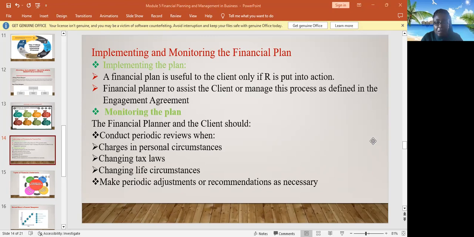Financial planners assist the client or manage this process as defined in the engagement arrangement. That is all. How to mentor them, you help them. Then now monitoring the plan. The financial planner and the client should conduct periodic review as at when due.